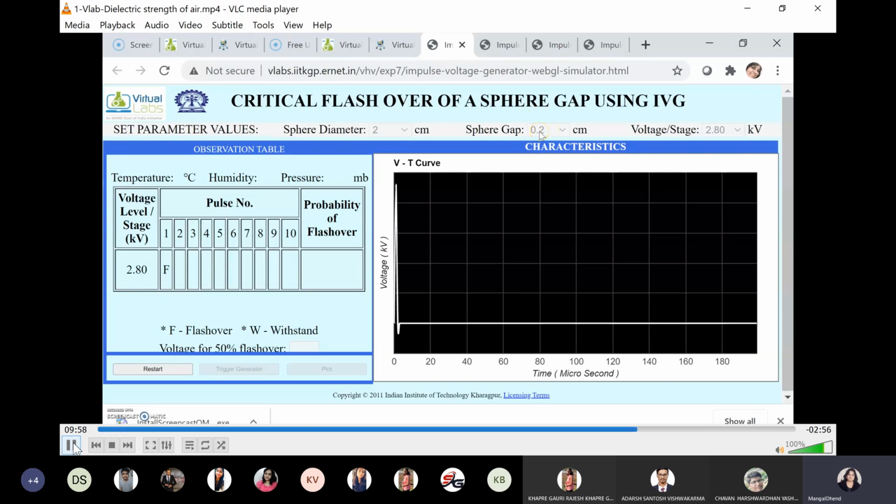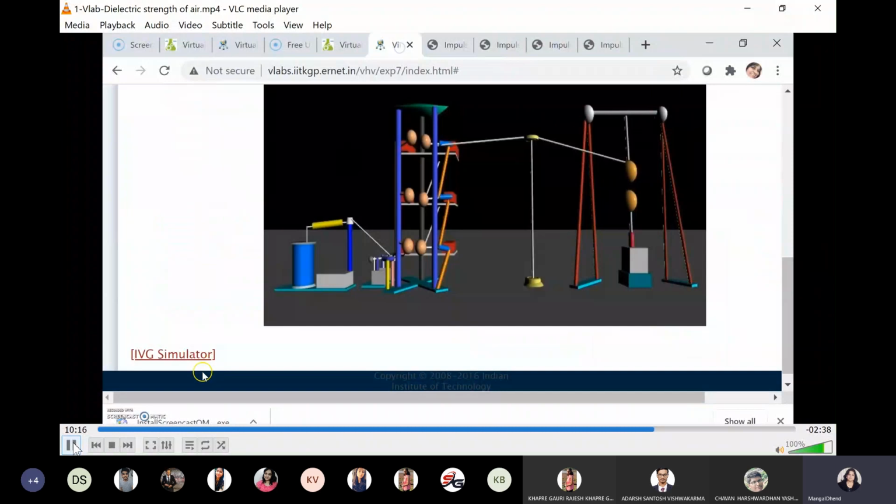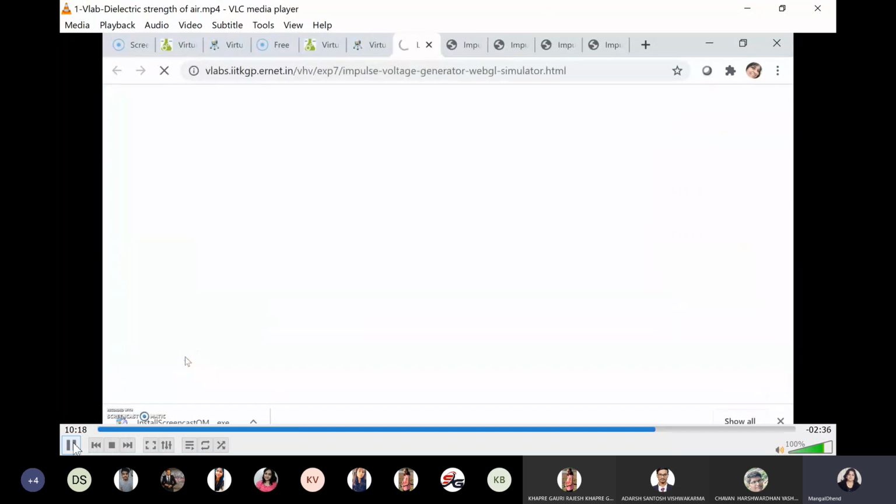So for the 0.2 centimeter gap only, conduct the experiment and tell me whether you got less voltage or higher voltage, and discuss. Yesterday we saw it in the theory lecture; today you will observe it virtually. So again go into the virtual lab and click the simulator.